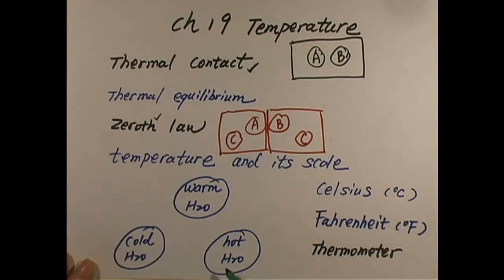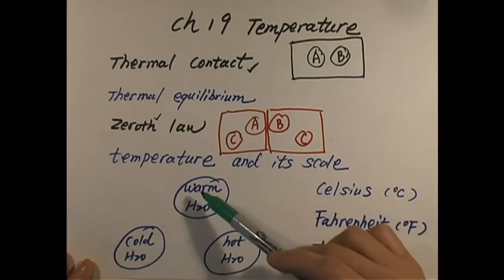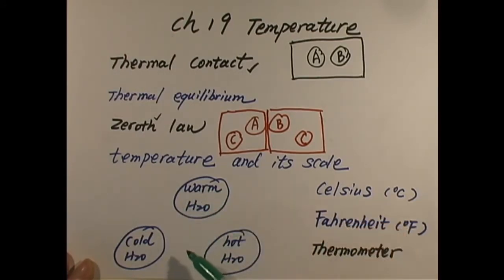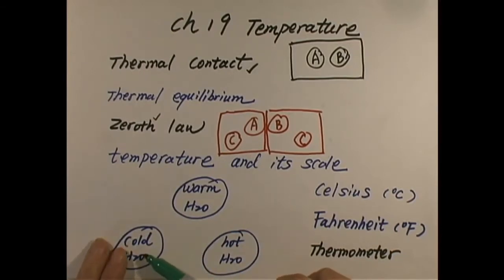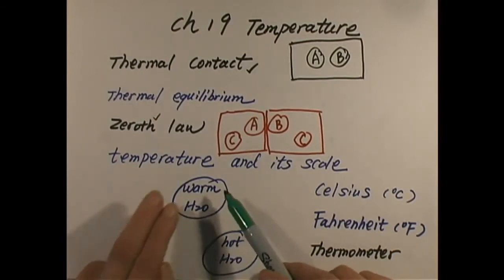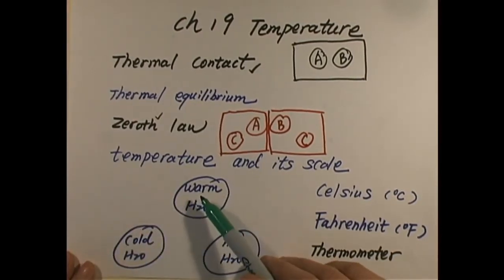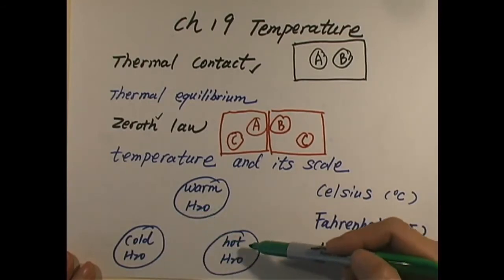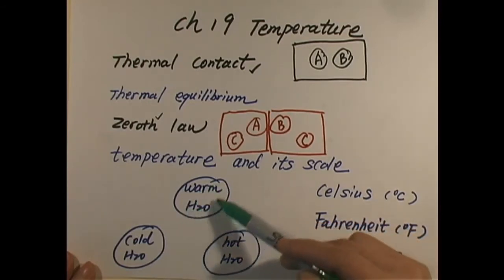Then, guess what? If I pull my right hand out of the hot water and put it into the warm water, I will say, well, this is kind of cold. But my left hand, which comes out of the cold water and gets into the warm water, will feel, wow, this is kind of hot. So my left hand tells me this is hot. My right hand tells me this is cold.